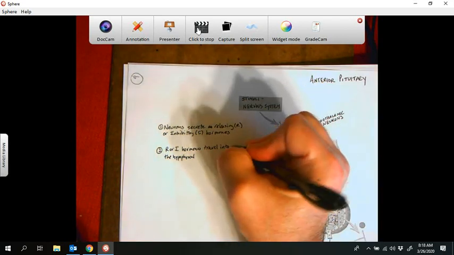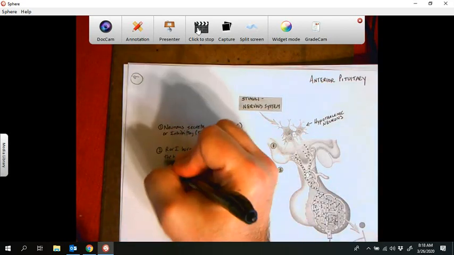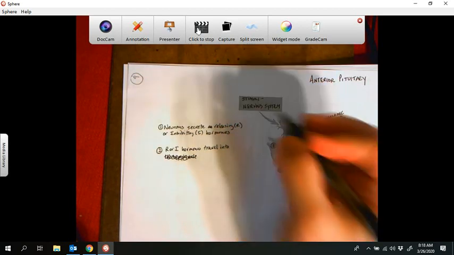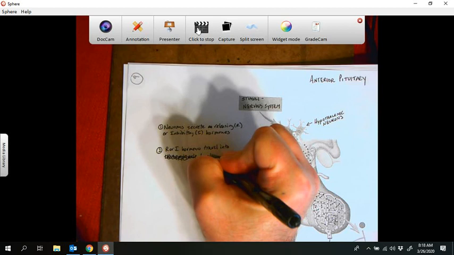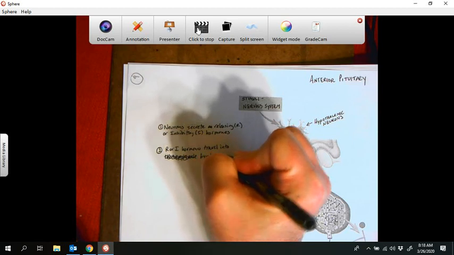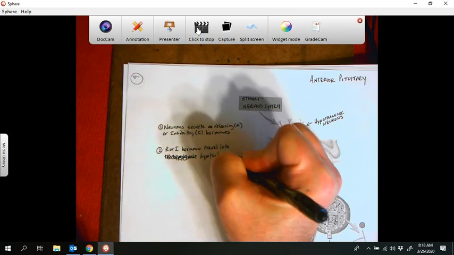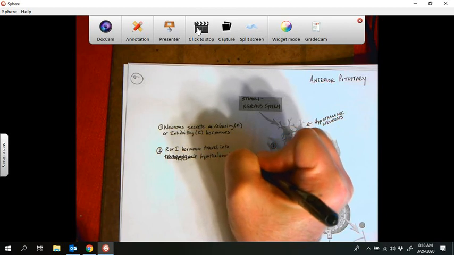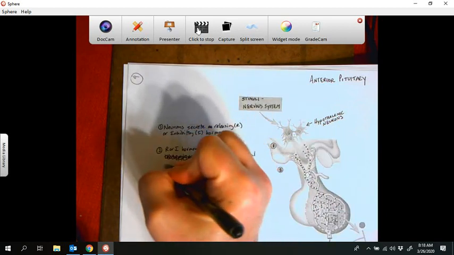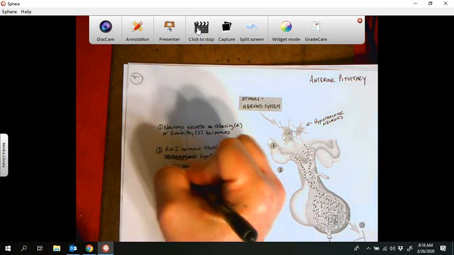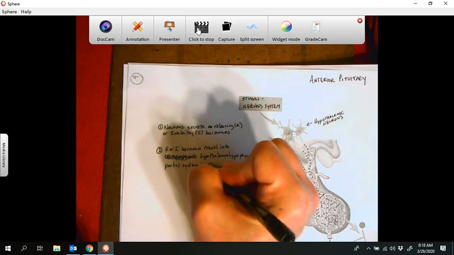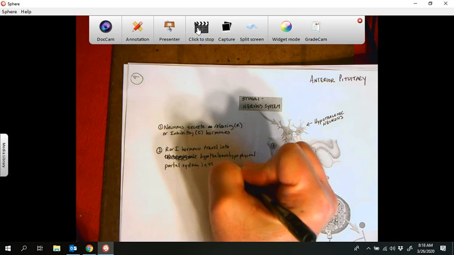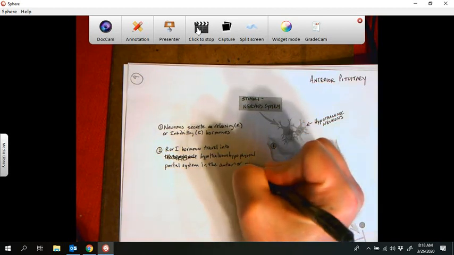Whoop, I forgot one part, so I could cross that out. The hypothalamic hypophyseal portal system in the anterior pituitary.